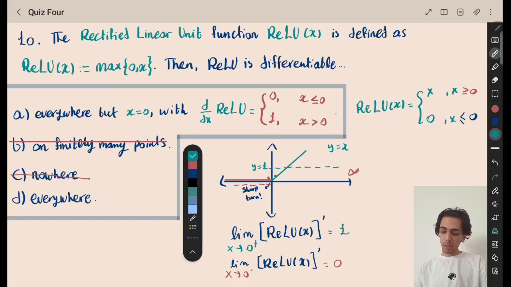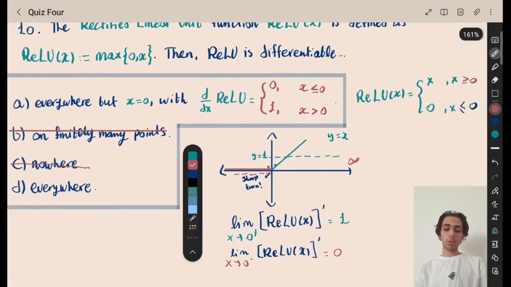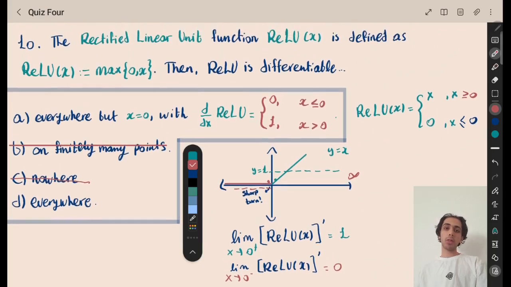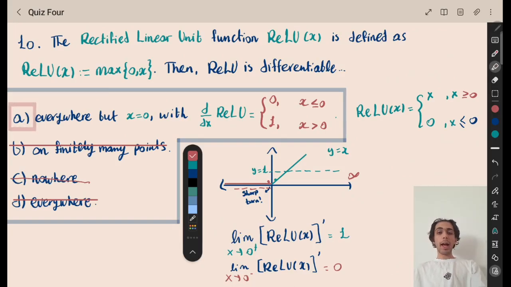Then we have this immediate jump from the red rate of change to the green rate of change. And that's why there's a discontinuity. It looks like the stair function, which is not continuous. So a function is differentiable at a point if its derivative is continuous, more or less. And because this is not the case, it is not differentiable everywhere. So in that case, it will be differentiable everywhere, but at x equal to 0.